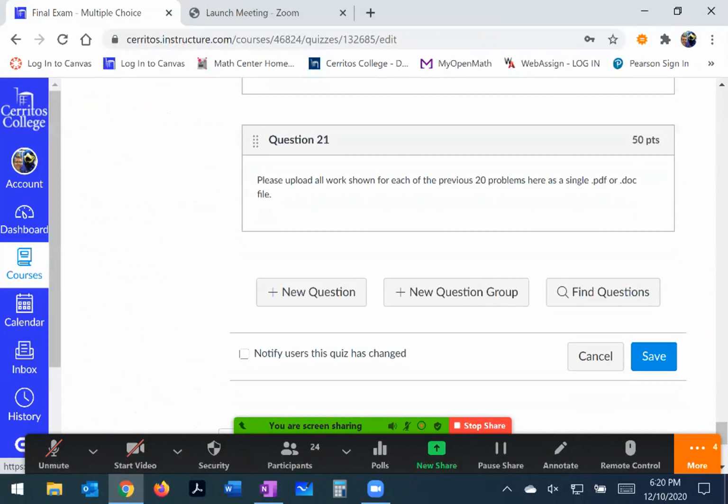It says, please upload all your work for each of the previous 20 problems here as a single PDF or .doc file. So you'll upload your justifications for the multiple choice for the previous 20 questions. There's only 20 questions, so I try to do a smattering from each chapter, like 3 questions from each chapter. So just keep that in mind.